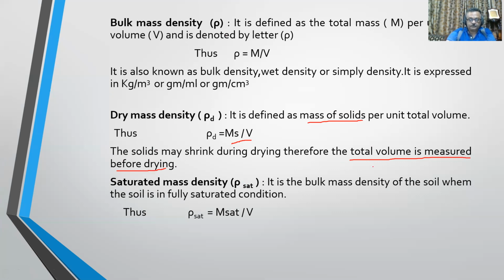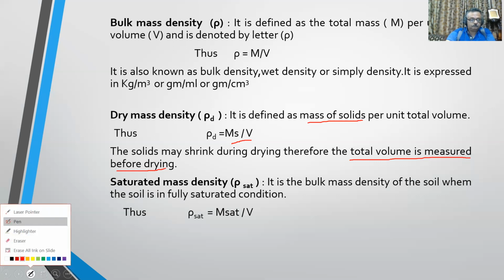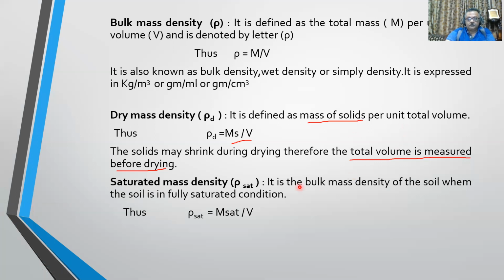Now, saturated mass density. What is saturated mass density? It is the bulk mass density of the soil when the soil is fully saturated. So saturated mass density क्या है?